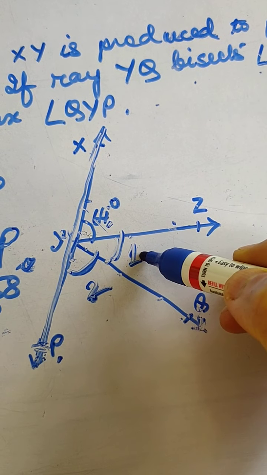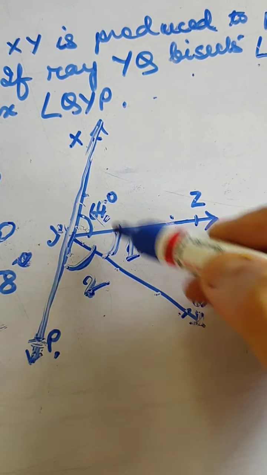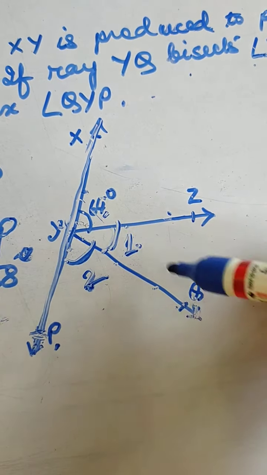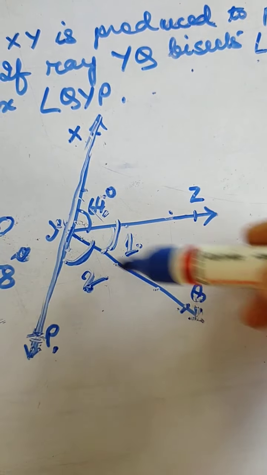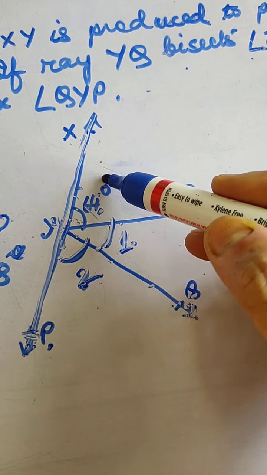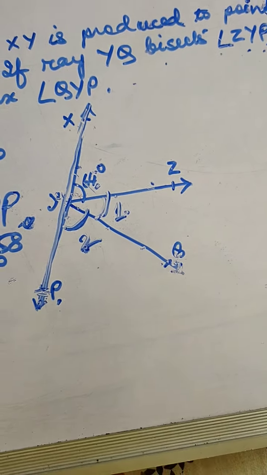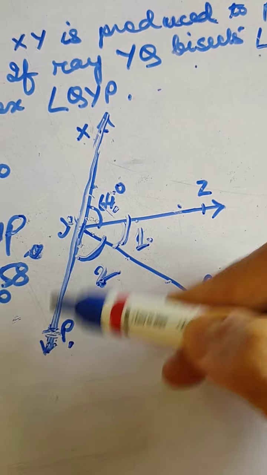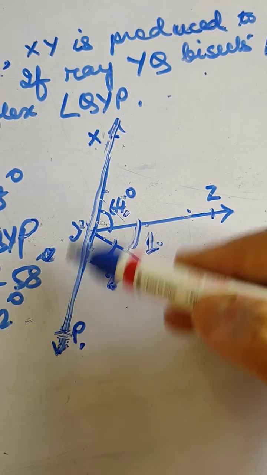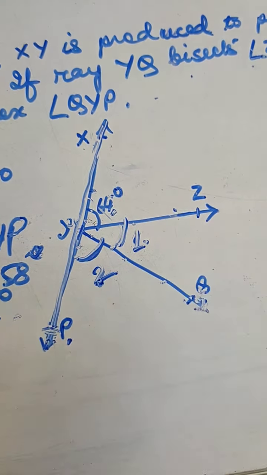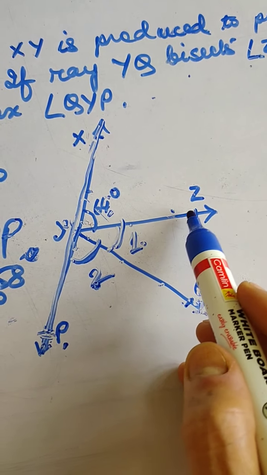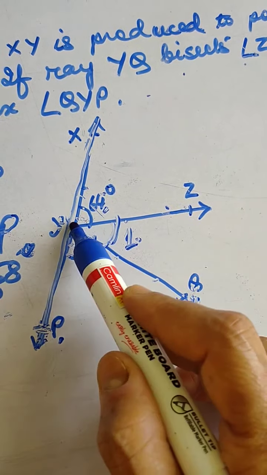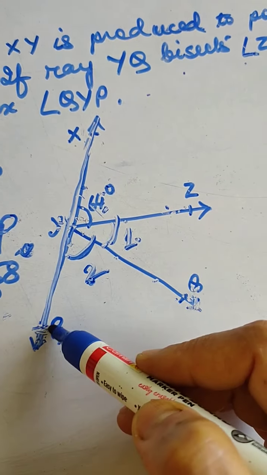So if we know angle 1, we can easily find out angle XYQ, because angle XYQ is nothing but 64 degree plus angle 1. Now here you see, since XY has been extended to P, we can say XP is a line, and you can consider YZ as a ray on XP.